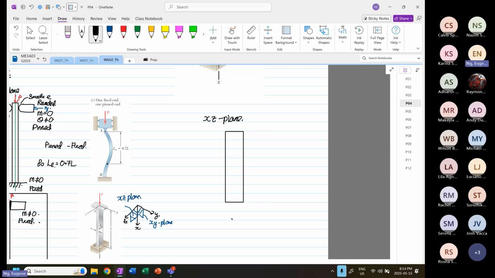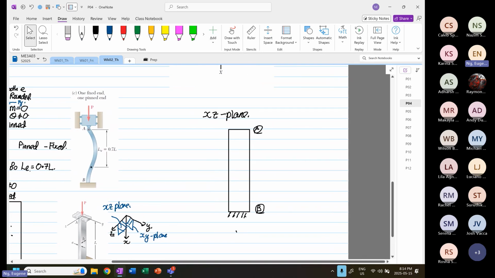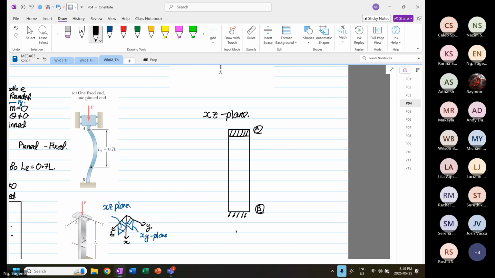And this is our point B. This is our point A. And then we have the so-called fixed part over here. Okay, there's the fixed part. Now I'm going to draw the centroid.